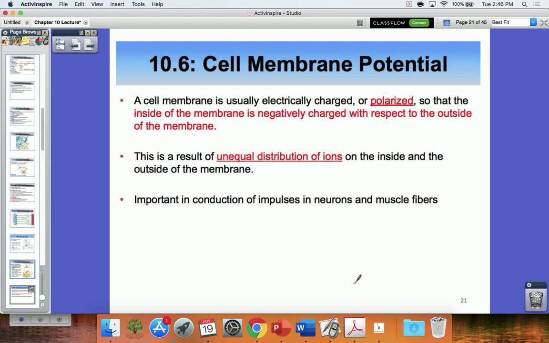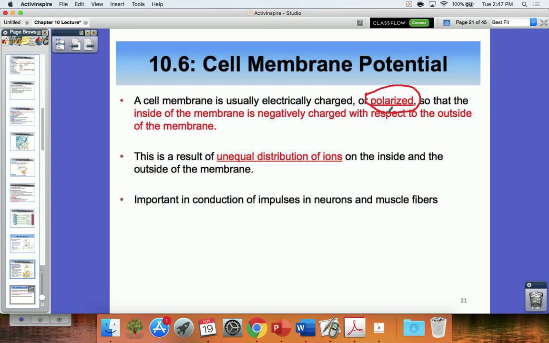And when we say charged, think back to chemistry, the basic chemistry. That means it has either a positive charge or it's negatively charged. Okay, it has a slight charge to it. And when something is charged, it is polar. In this case, we call it polarized.